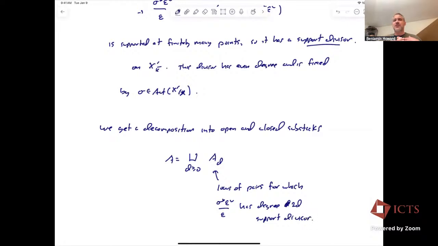So as you look at points of AD with D getting bigger and bigger, your EA is getting farther and farther away from being self-dual. If you were on A0, those would be the self-dual guys. Okay.